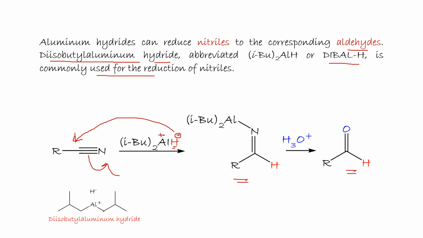This is the structure of the diisobutyl aluminium hydride. Here is the isobutyl.